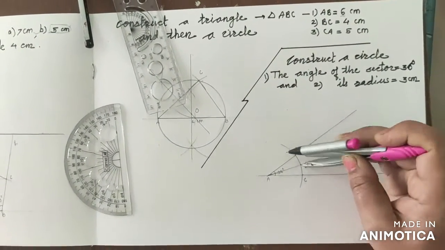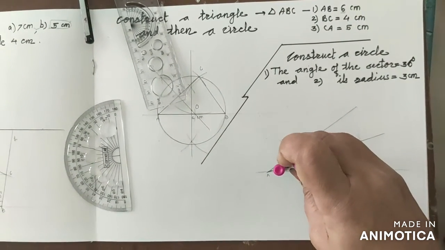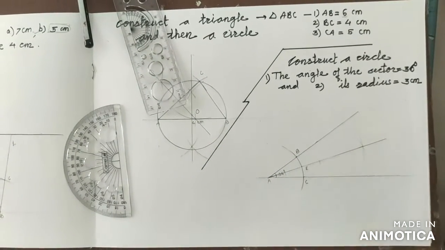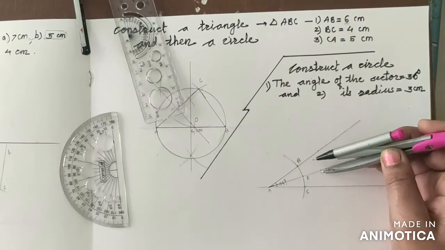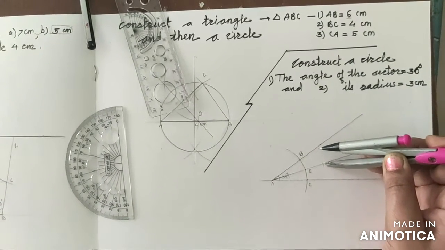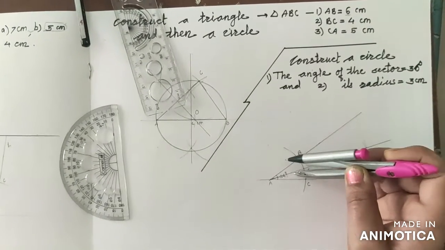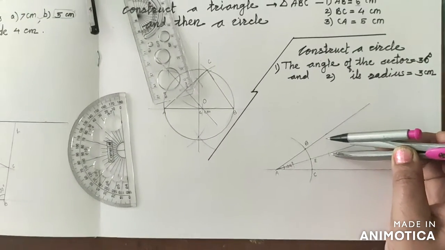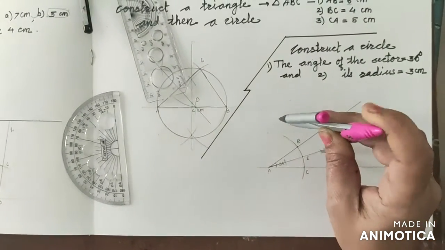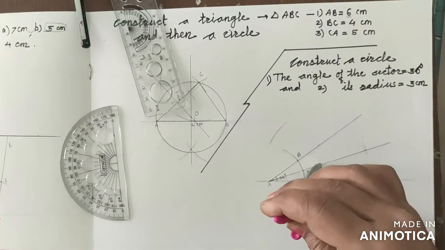Place our pointer here, take some distance, the same distance in this way on both sides of point E. Using those new points, place your pointer here, take more distance and draw an arc up and down.